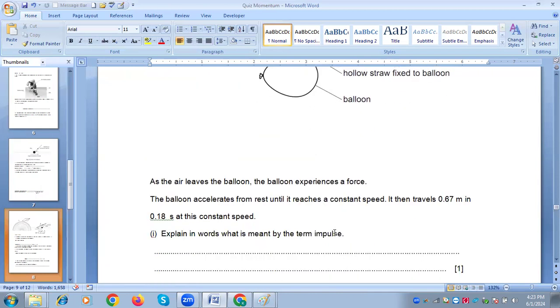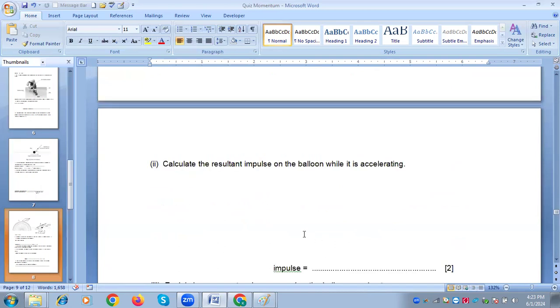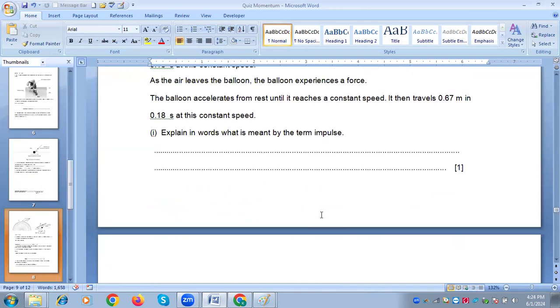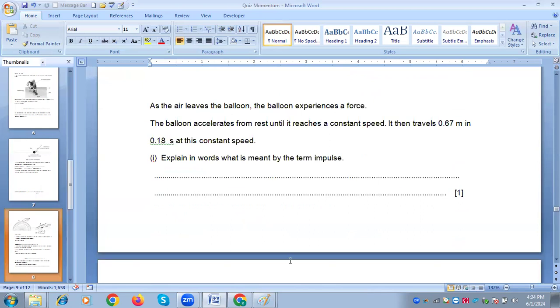So how can we find out the final steady speed? It's not given, but the distance with which it travels with that speed is given, and the time is also given. So we can make use of this formula, that is distance divided by time, to calculate that constant speed. Okay, so final speed we will calculate, and time 0.18 second.